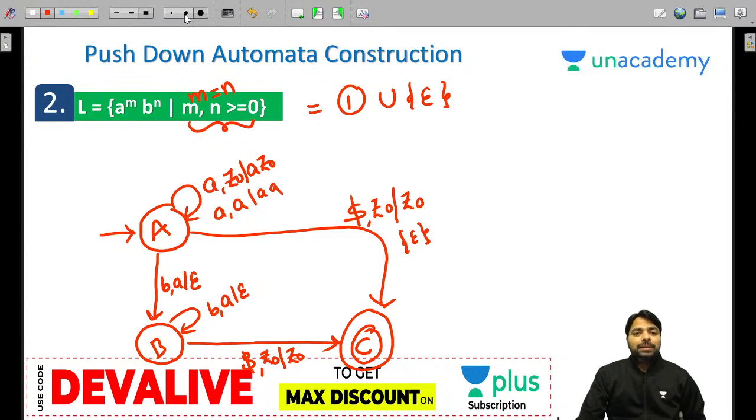Remember that. That represents epsilon, where directly dollar is the input and the top of the stack is Z0. Go to final, but that happens from the initial state. Without AB, you want to accept. So in the previous motion, just add one transition, which is dollar, Z0, from the initial state.